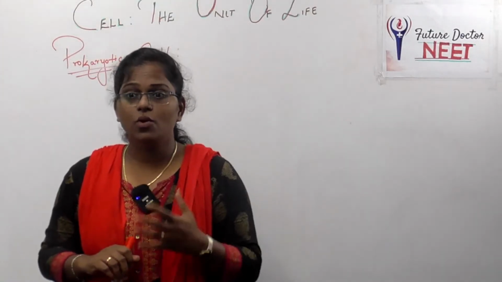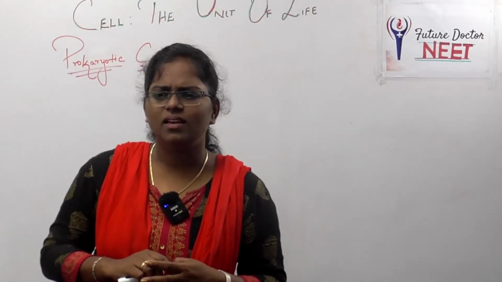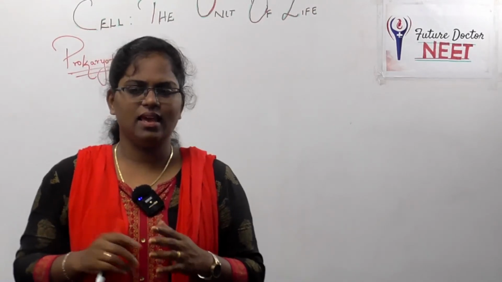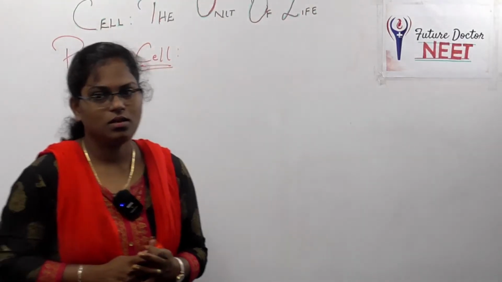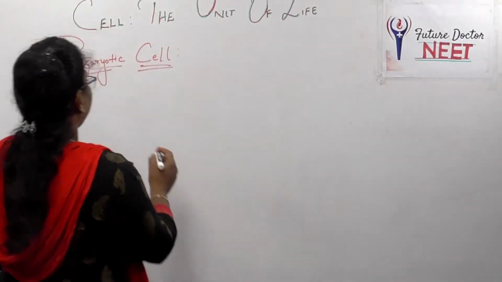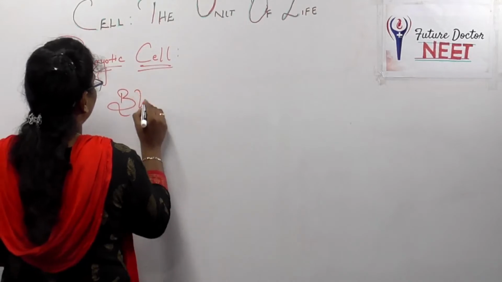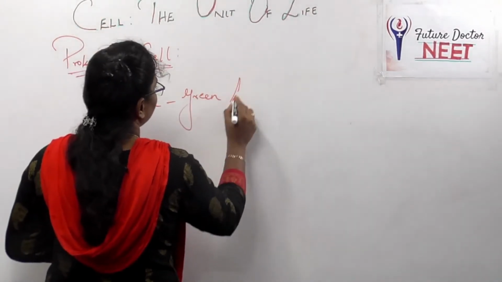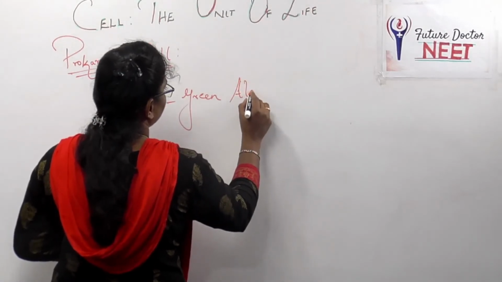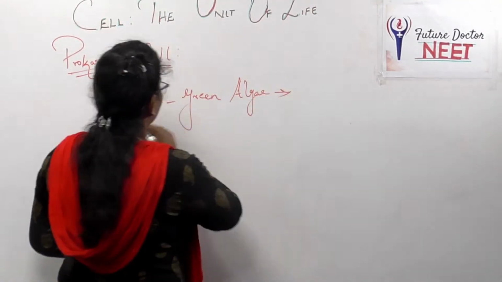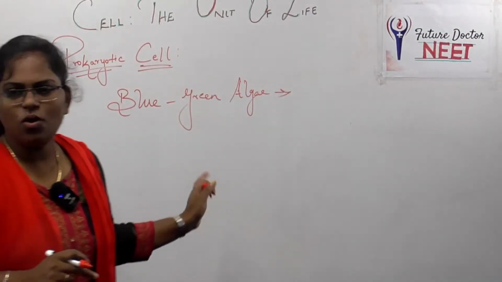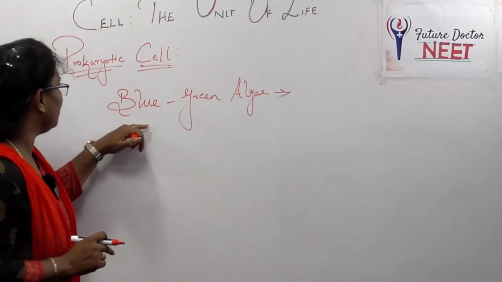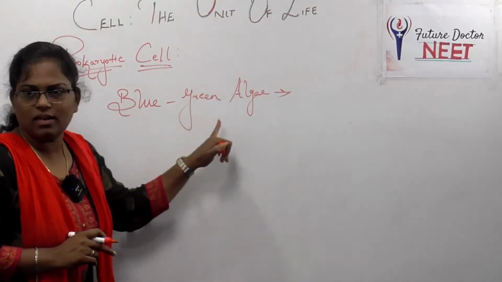And blue-green algae. What is blue-green algae? Blue-green algae is otherwise called as, tell me. Here in your NCERT, blue-green algae is there. So what is blue-green algae? It is giving a color, right? So blue color and green color.